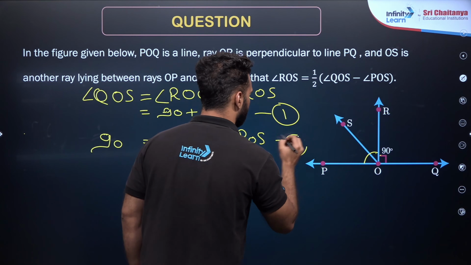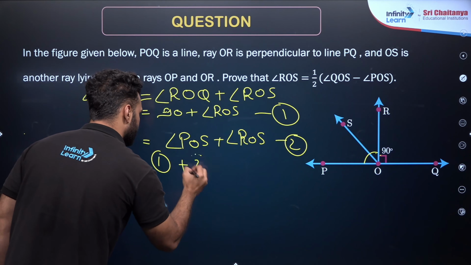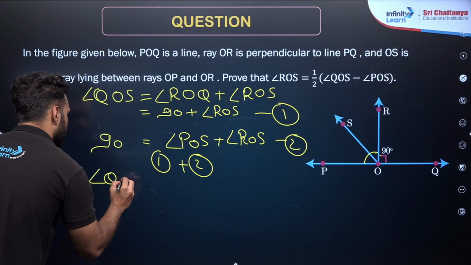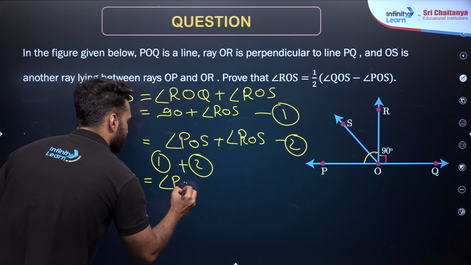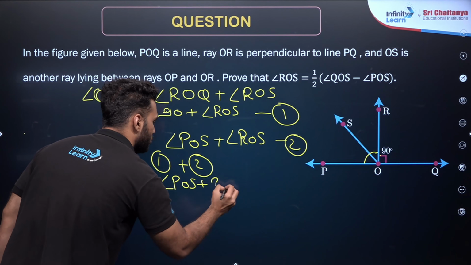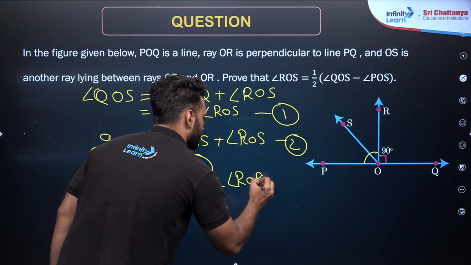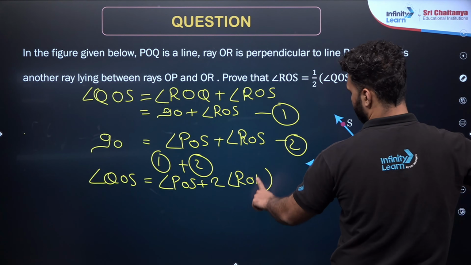This is equation 2. Now if you add equation 1 and equation 2, you will get that angle QOS plus angle POS is 2 into angle ROS.